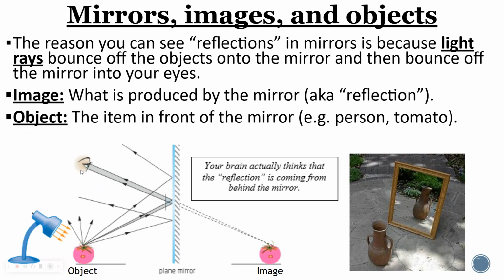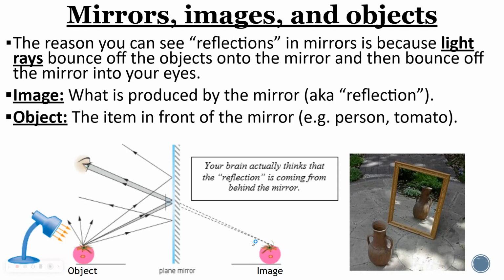Now, even though you understand reflection, your eyes and your brain don't realize that there's actually light reflecting this way. Your eyes think the light is coming in a straight line, because that's how light travels. Biologically, that's how we see it. So your eyes basically extend these reflected rays behind the mirror and trick your brain into thinking there's actually an object there, but there's not.